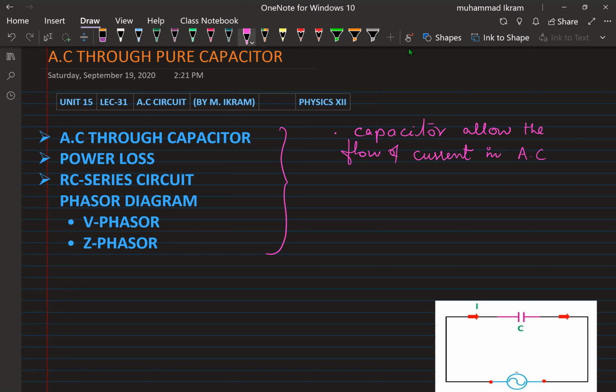A capacitor allows AC while it blocks DC. It has infinite resistance for the DC circuit.